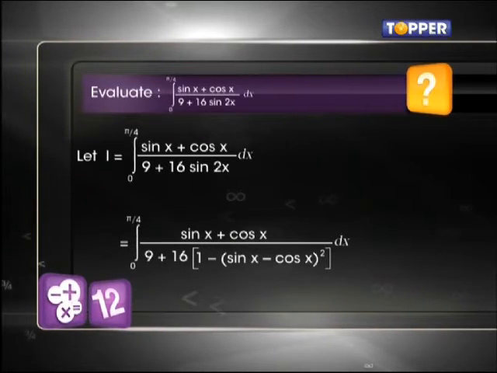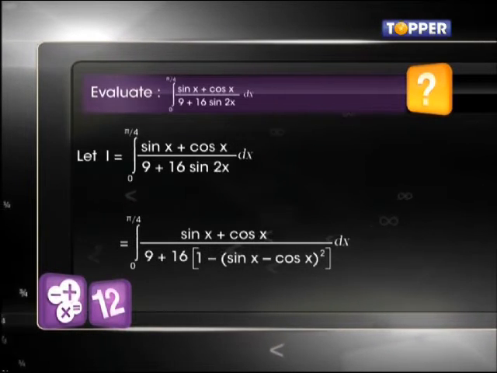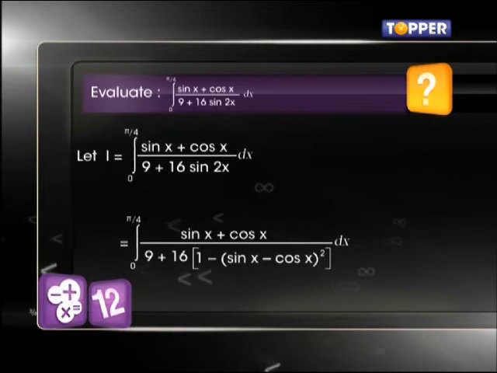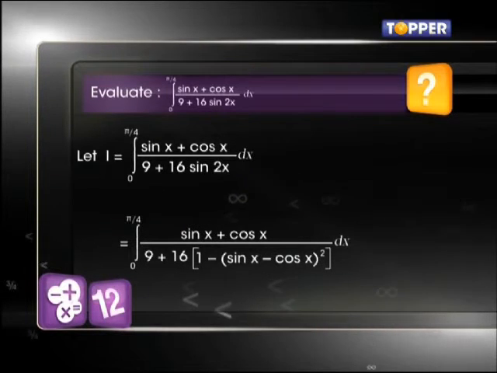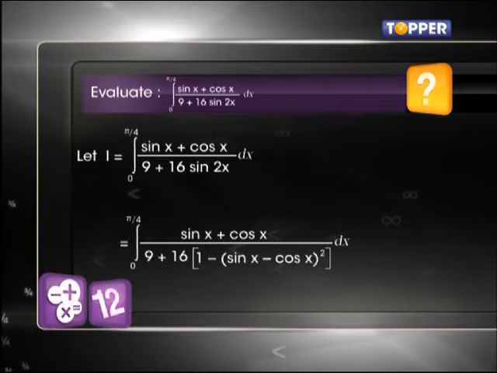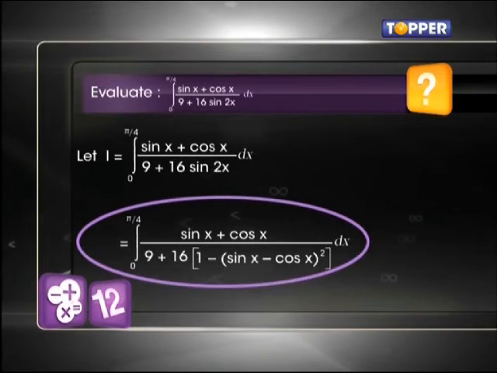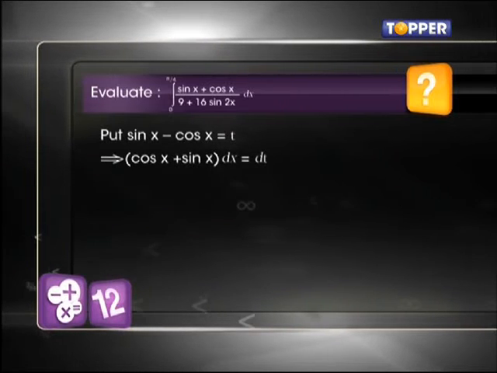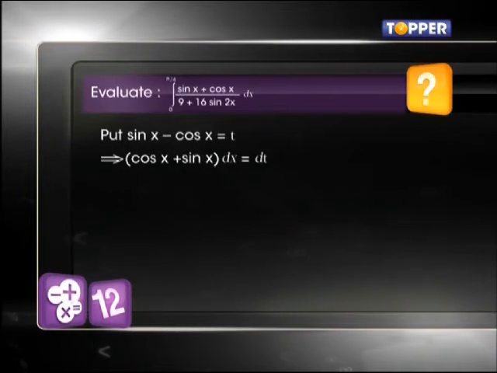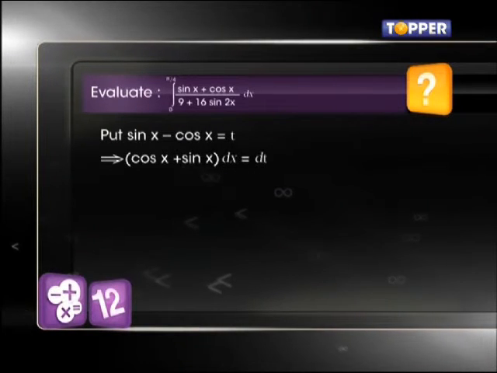On substituting for sin 2x and adding or subtracting 1, we get I is equal to the integral of (sin x + cos x) upon 9 + 16 into (1 minus (sin x minus cos x) whole square) on the same limits. Put sin x minus cos x equal to t, which implies that (cos x + sin x) dx is equal to dt.